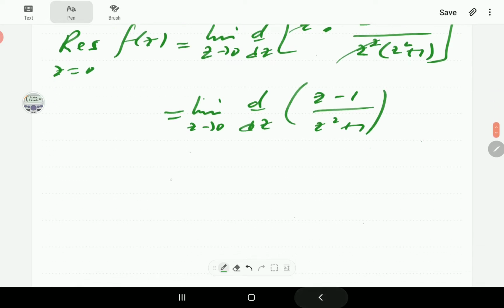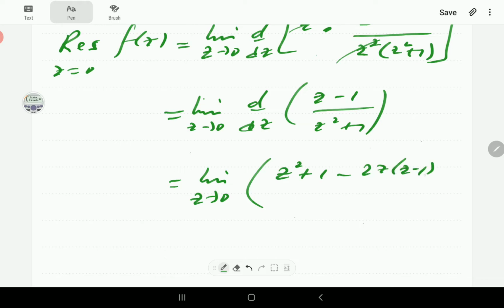To work out this derivative, we're of course going to use the quotient rule. If we differentiate the z minus 1 and then multiply by the denominator, it's going to give us that. Then if we differentiate the denominator, we get 2z, multiply that with the numerator.